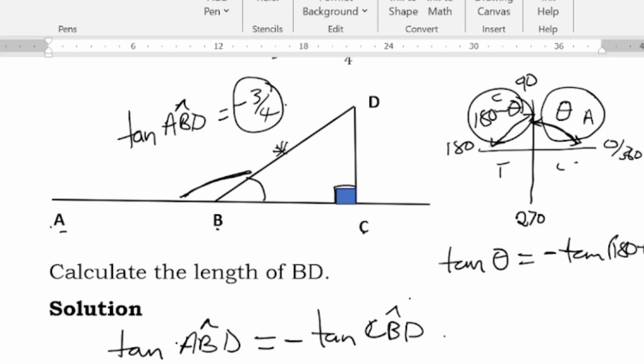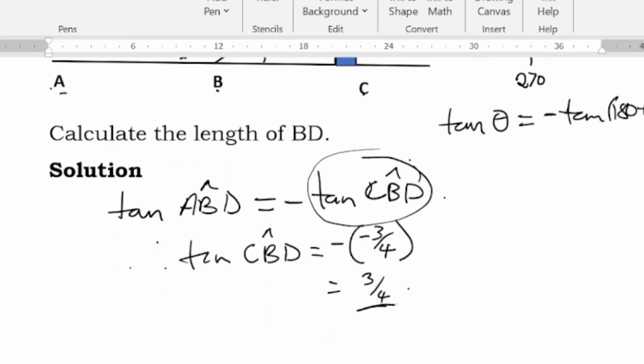Since this one is a negative value, this one is going to be positive. And so therefore our tan of CBD is going to be minus negative 3 over 4, which gives us 3 over 4. So the ratio is the same, but positive.